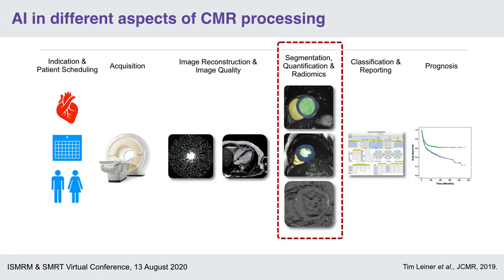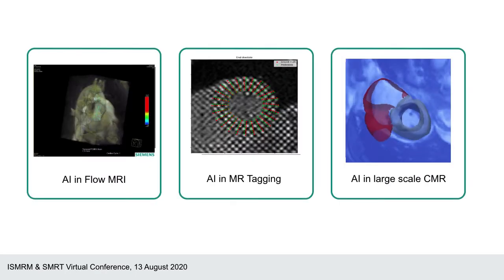In this talk, I would like to focus on this part, the quantification and segmentation, or the post-processing of the CMR. I'm going to show 3 examples of CMR applications. One is AI in the 4D flow MRI, where we can increase the resolution of the 4D flow MRI while suppressing noises in the non-fluid domain at the same time.